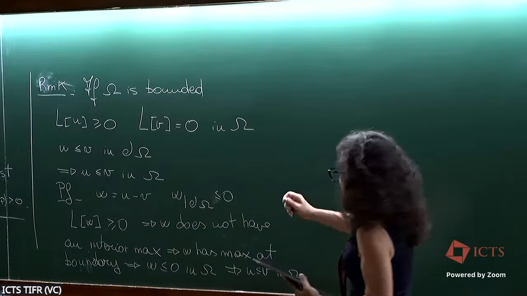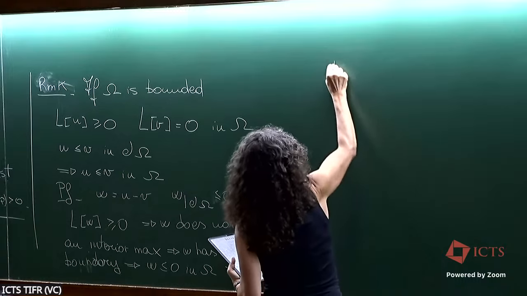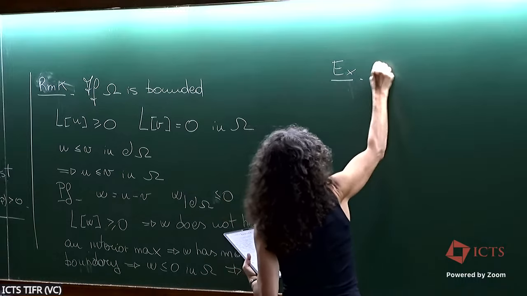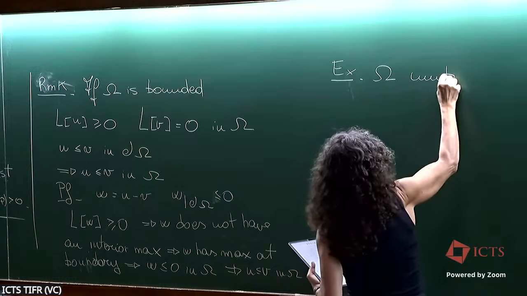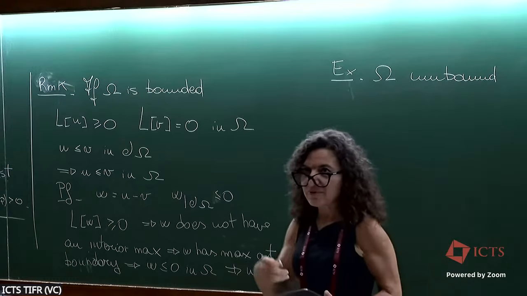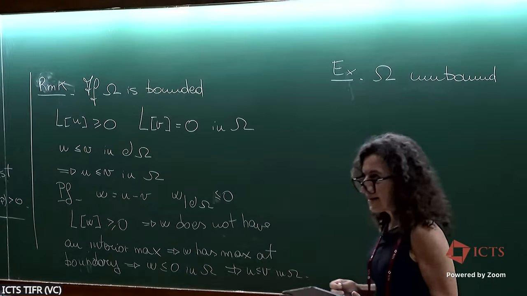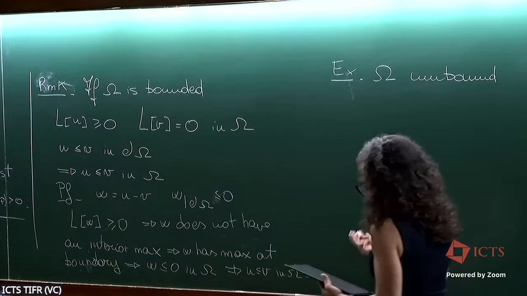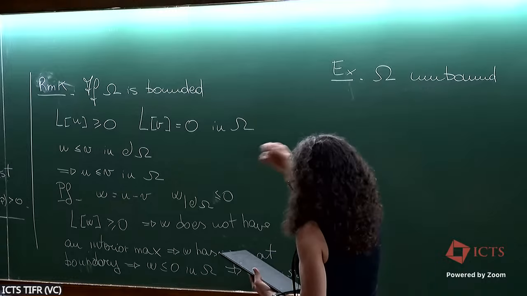But if omega is unbounded, of course, you cannot assume that w will have a maximum. And so you have examples that contradict this.